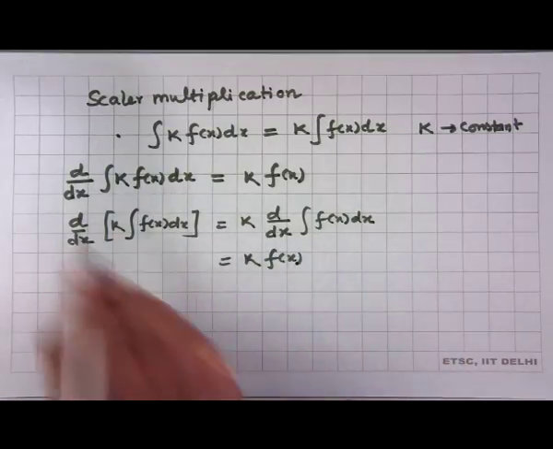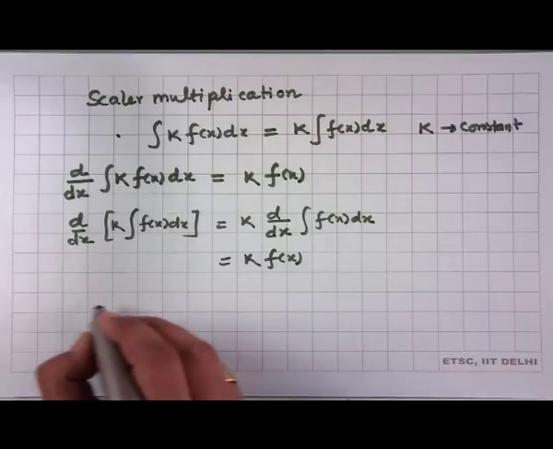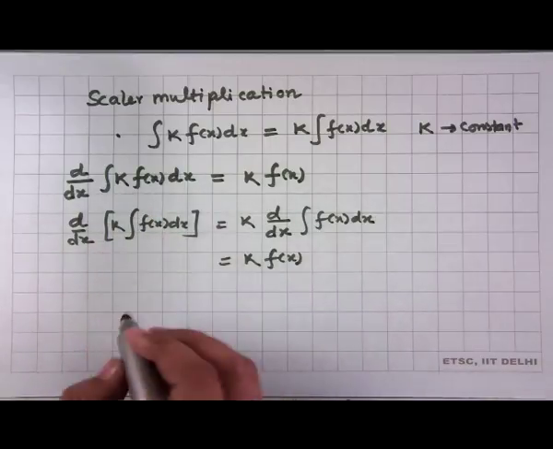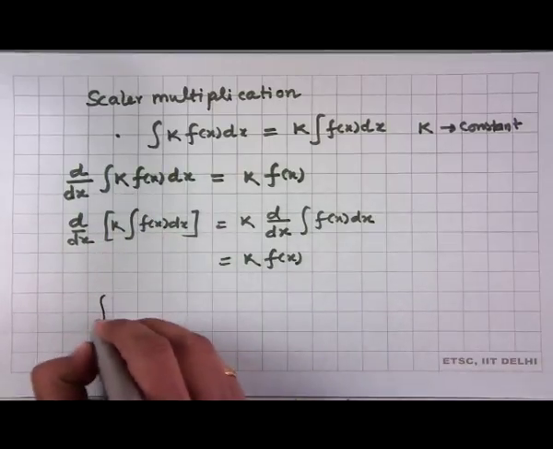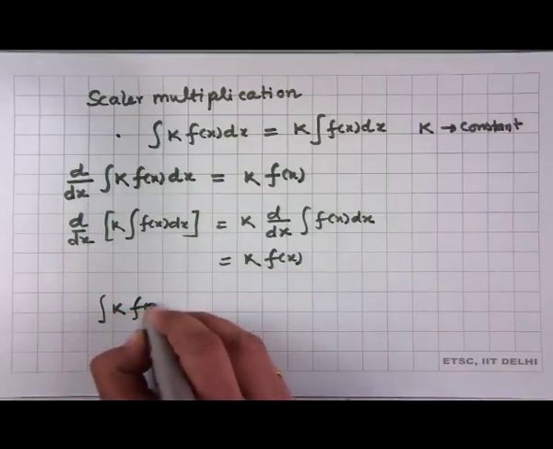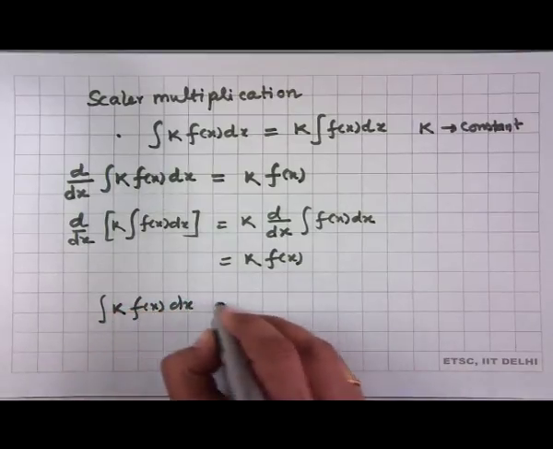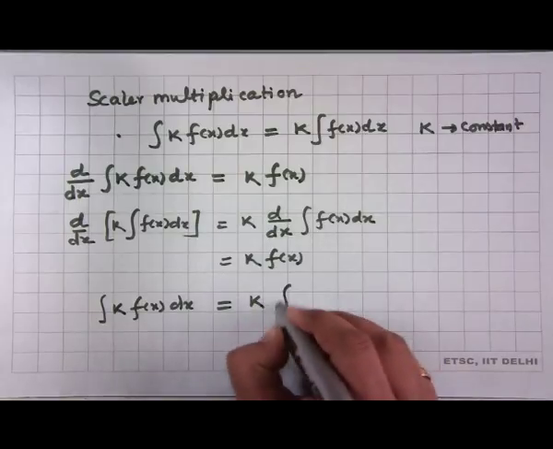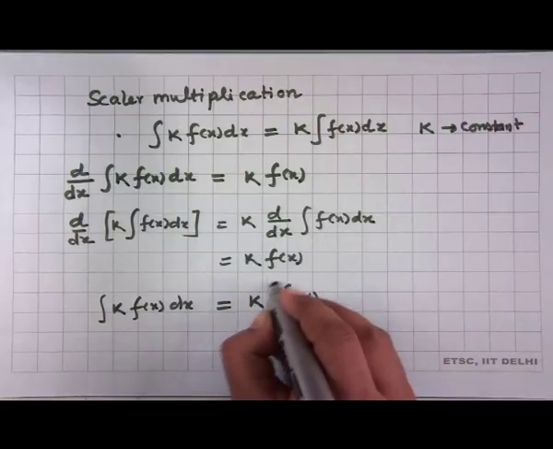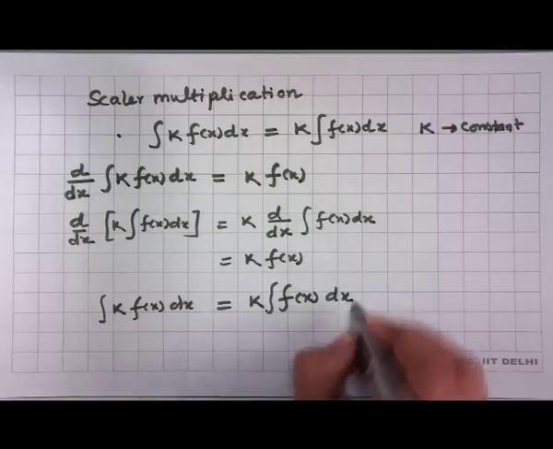So, again similarly as in the previous case, we claim that the integral of k f x dx is the same as k times the integral of f x dx.